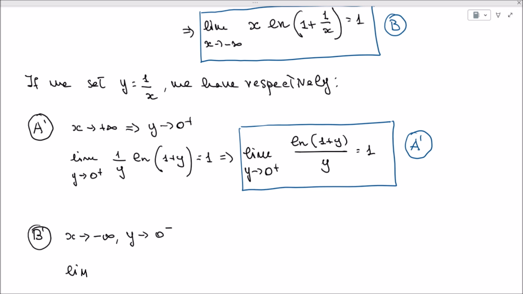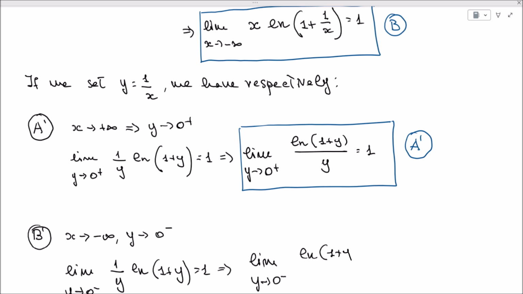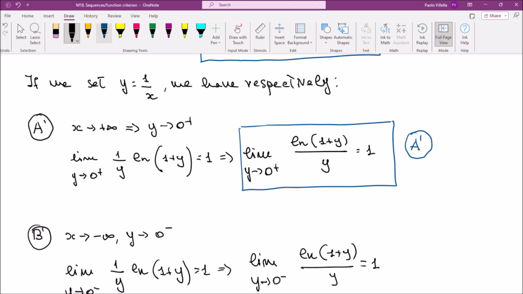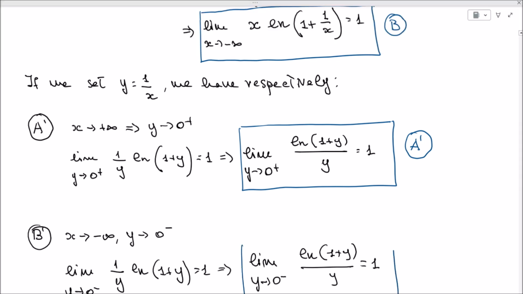So we have that the limit as y goes to 0 minus of 1 over y times the logarithm of 1 plus y is equal to 1, which gives that the limit as y goes to 0 minus of the logarithm of 1 plus y divided by y is now equal to 1, and we can call this result B prime.